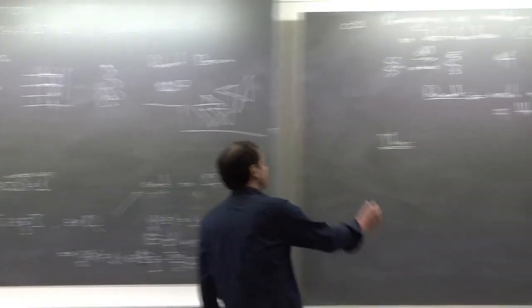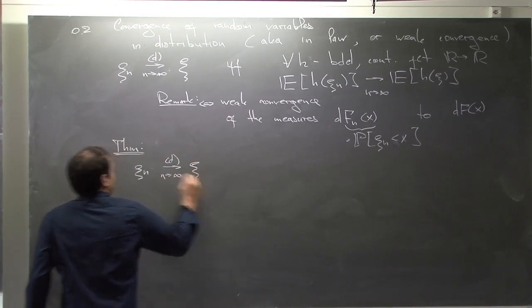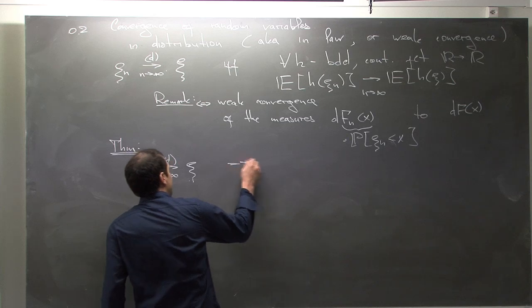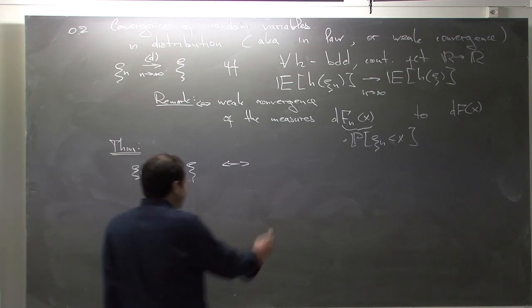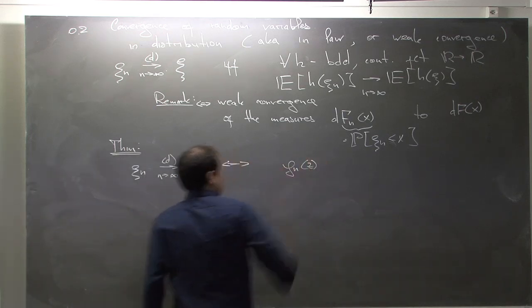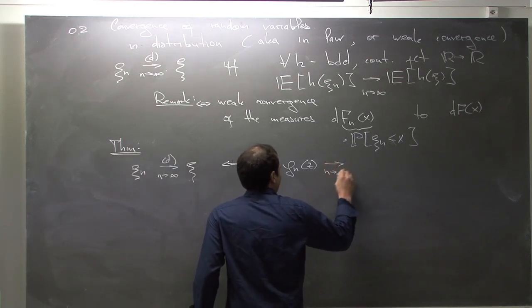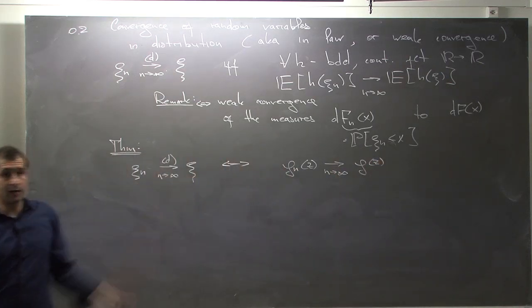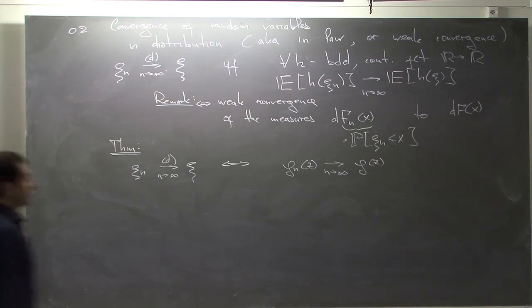So it says that a sequence of random variables converges to xi in distribution if and only if the characteristic functions of these variables converge to the characteristic function of xi pointwise, basically. So for any z.